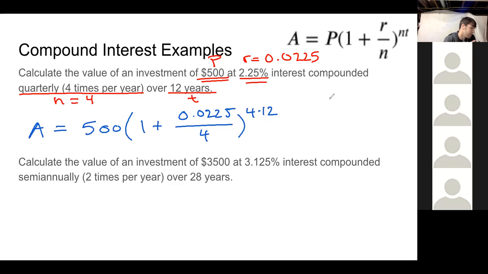Again, there's no reason to do this calculation by hand. So there we go. 1 plus 0.0225 over 4. And 4 times 12 would be 48. So I'll just put 48 there.